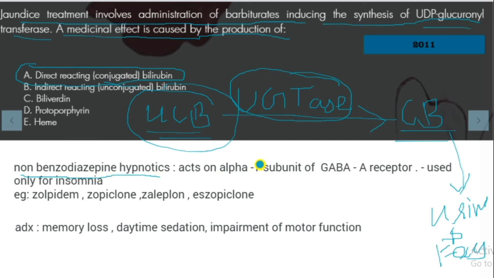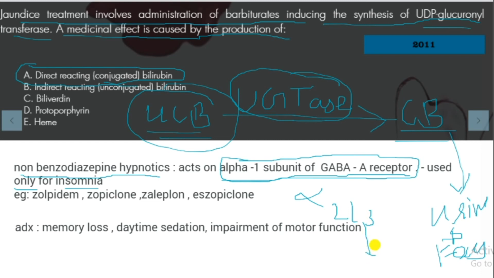Non-benzodiazepine hypnotics act on the alpha subunit. I already said in my class at the starting, they act on alpha 1 subunit of GABA receptor, used only for insomnia. Alpha 1. If it is alpha 2 or 3, we can use anxiolytics.